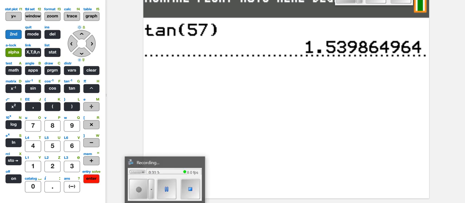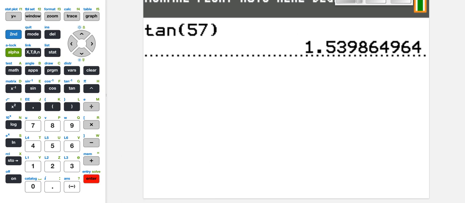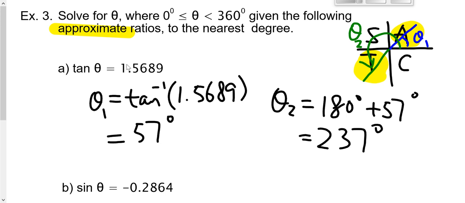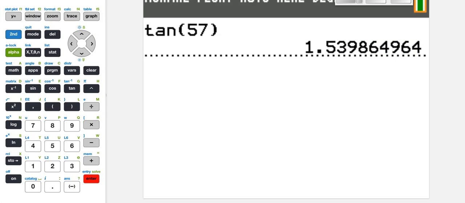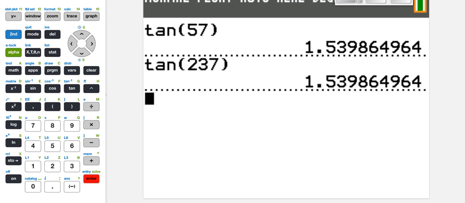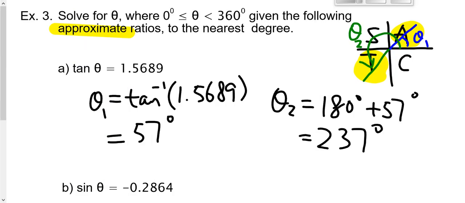Some of you may argue with me and say, it's not the exact value that we got here. This one has been rounded. Then let's do tangent 237 degrees. Exact same value. So that means we were correct.